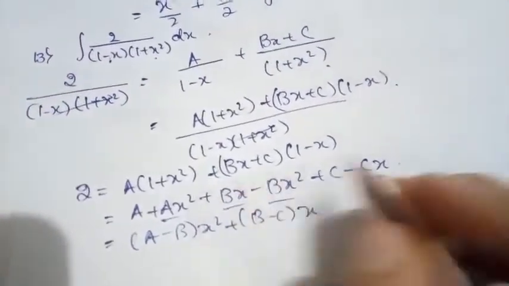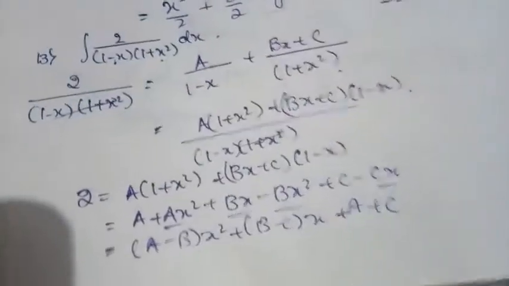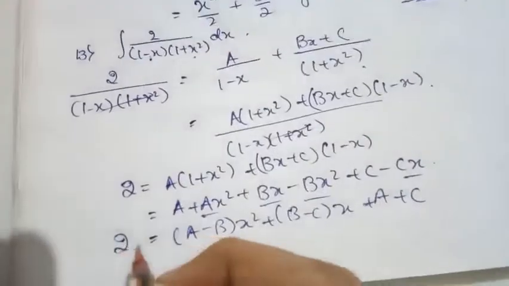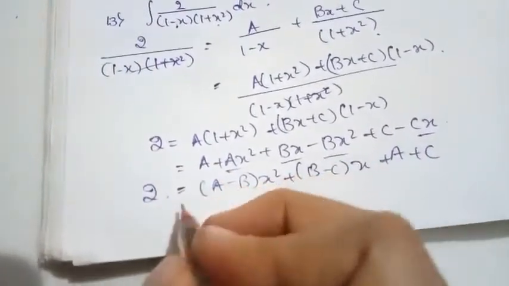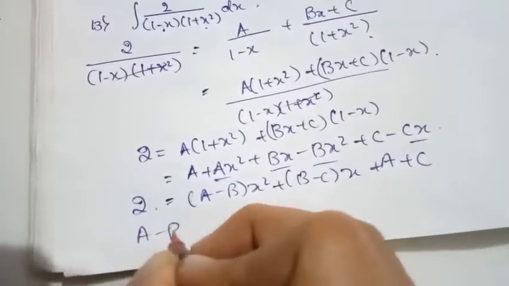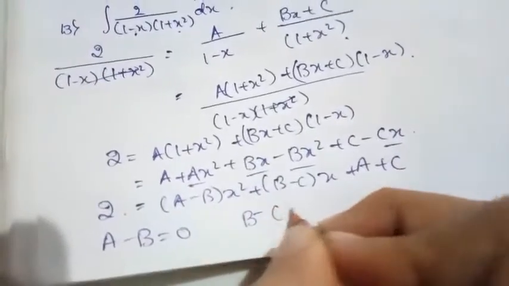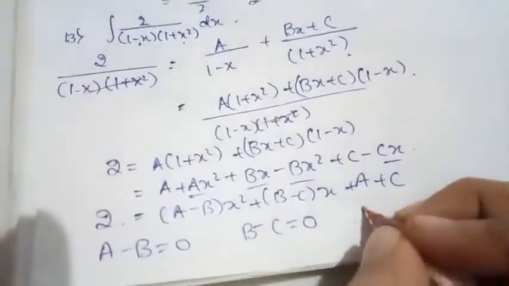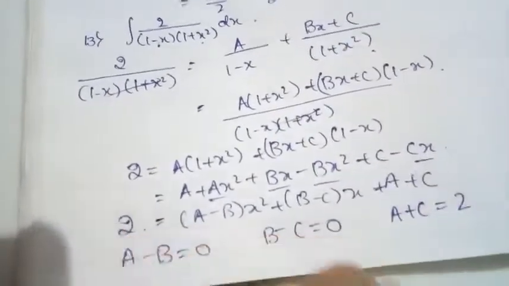The constant is A plus C, which is equal to 2. Now comparing: the coefficient of x square, A minus B, is equal to 0. The coefficient of x, B minus C, is also equal to 0. And the constant, A plus C, is equal to 2.